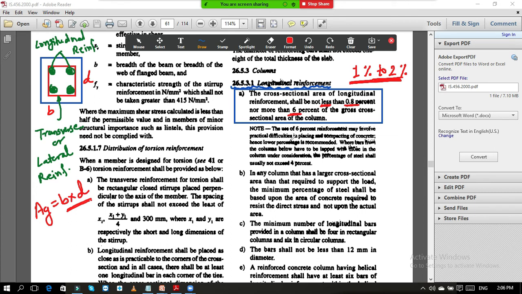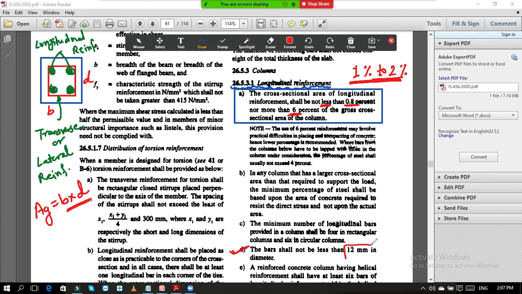So this is the important clause. Then next, this clause is very important. In this clause they have mentioned that the bars shall not be less than 12 mm in diameter. So what is the minimum diameter for the column bars?